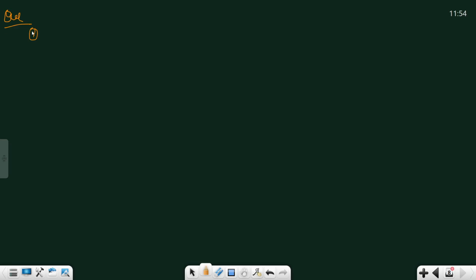The first one: A vector is I minus J plus 2K, B vector is 2I plus J minus 3K. You can draw this cap; you have to find A dot B and cos theta.